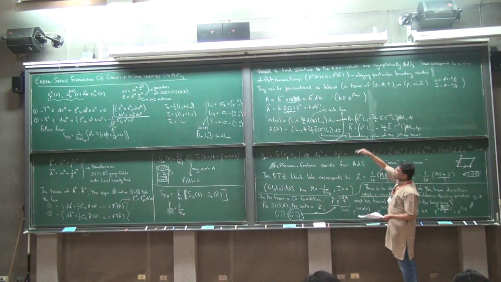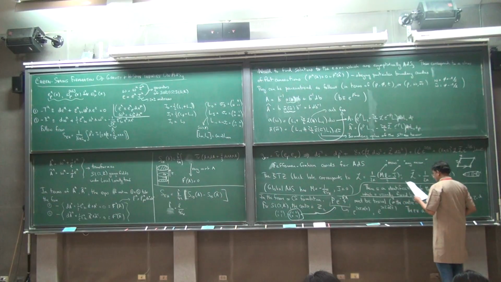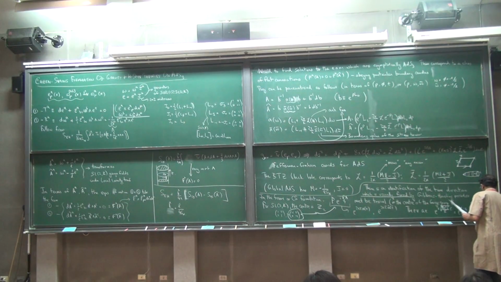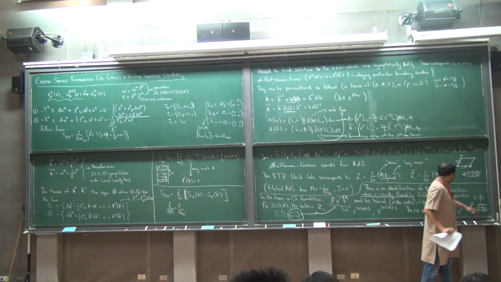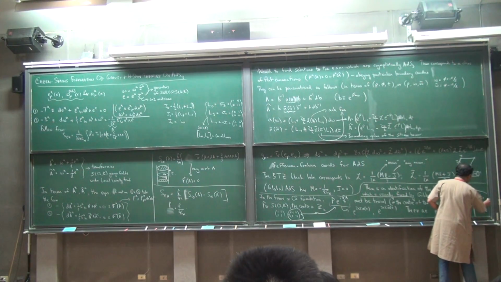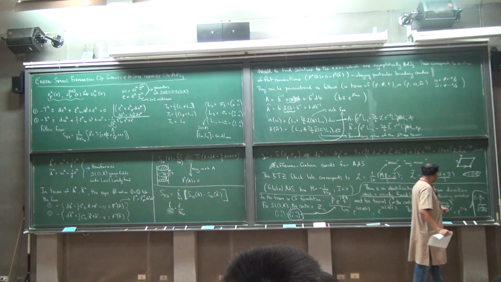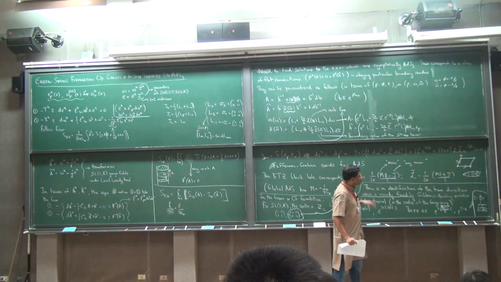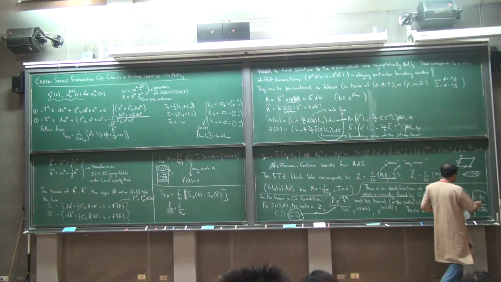So this k should be really k hat. So you find that tau is fixed. Demanding this, you get tau is something like ik over 2 into 1 over 2 pi k L hat.